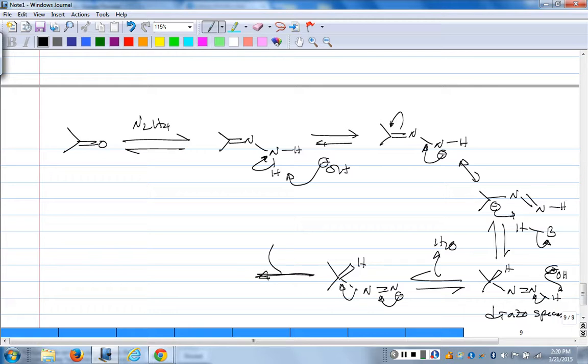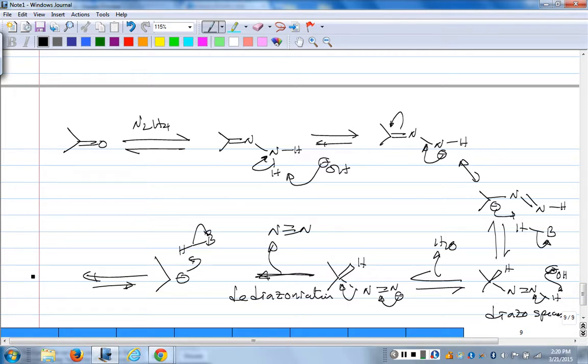So I'm going to lose nitrogen in a step called a de-diazonation. And the product is going to be a carbanion. The carbanion is going to react with the ethylene glycol, which is my solvent. I'm going to generate the corresponding product, which is the methylene.